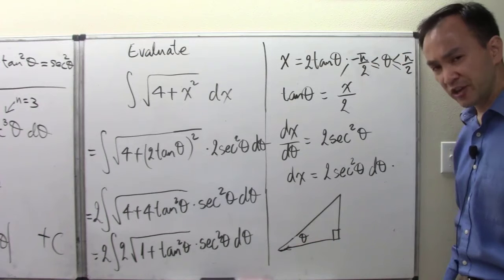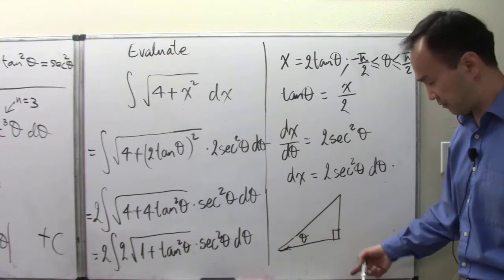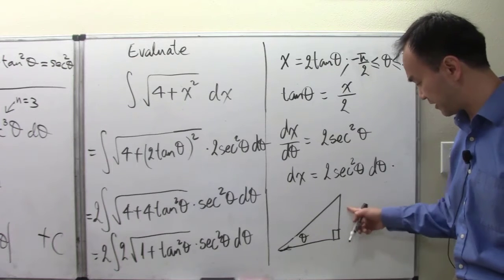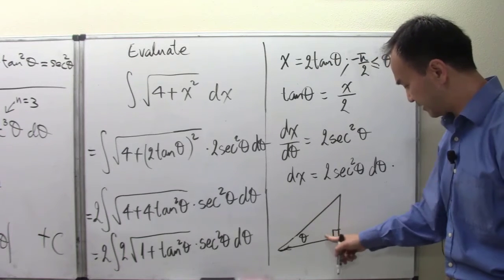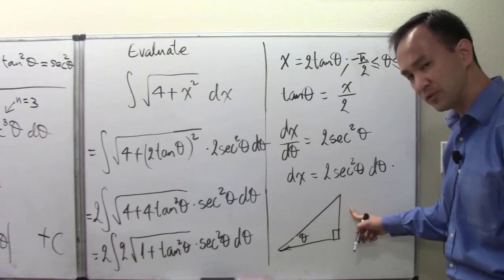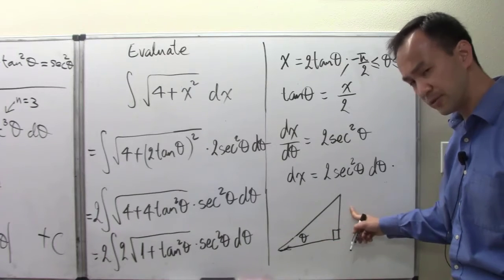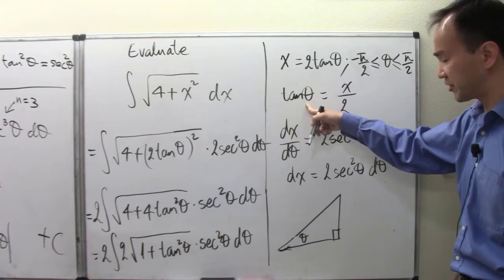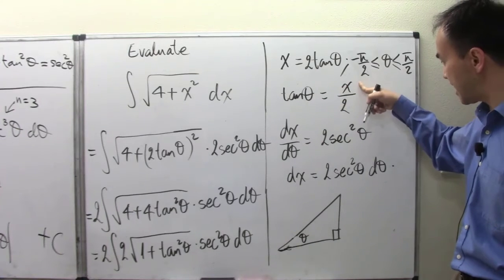So tangent is famously known within a right triangle as opposite over adjacent. Currently we know that tangent of theta is equal to x over 2.